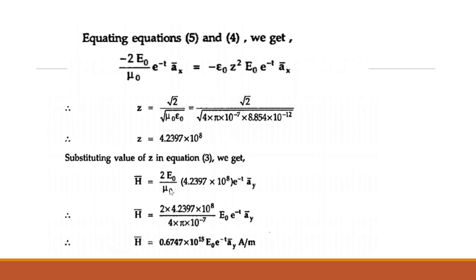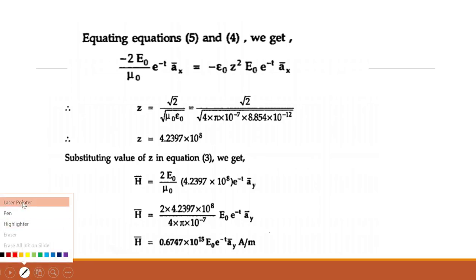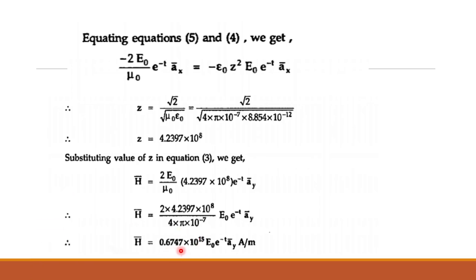If you put the value of Z in H is equal to 2 E naught upon mu naught Z, with Z as 4.23 into 10 raised to plus 8, e raised to minus t ay cap, finally H will become 0.6747 into 10 raised to 15 E naught e raised to minus t ay cap ampere per meter. In this way we can find out some smaller values of H.